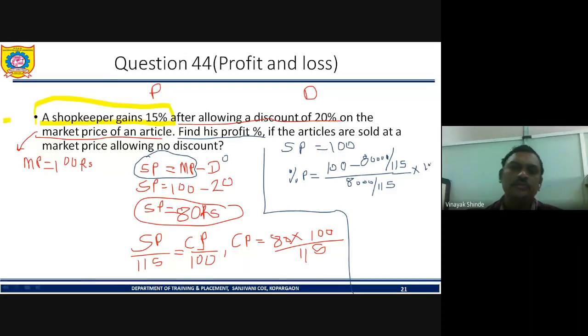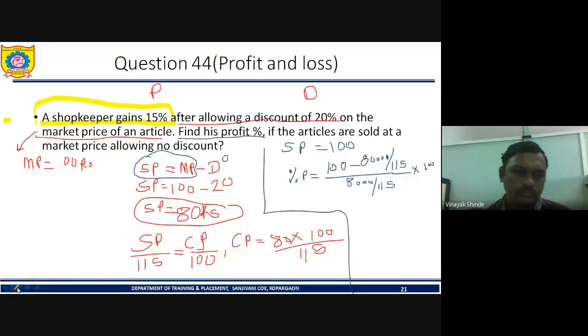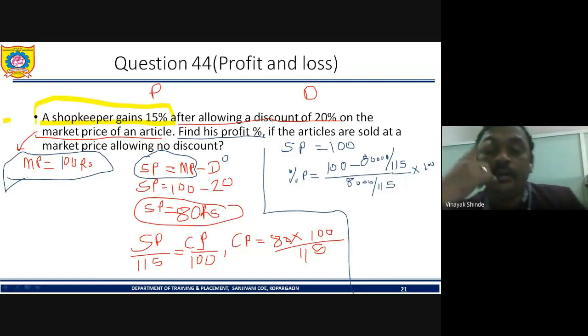Have you understood? So what have we done initially? We calculated the actual selling price by assuming the market price is 100 rupees. So actual selling price is market price minus discount. Discount is 20%, which is 20 rupees.